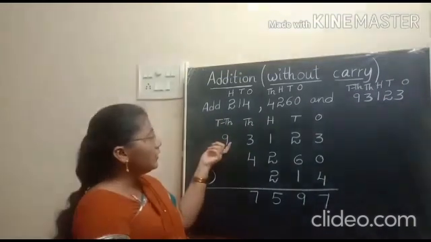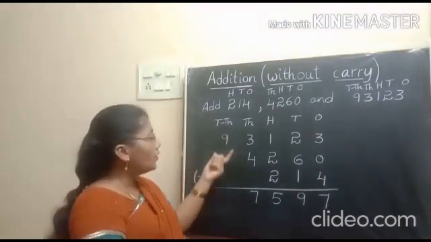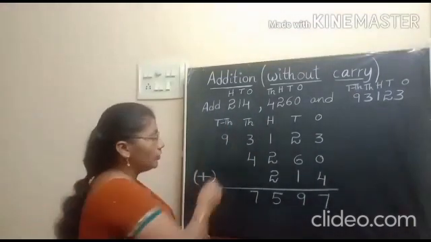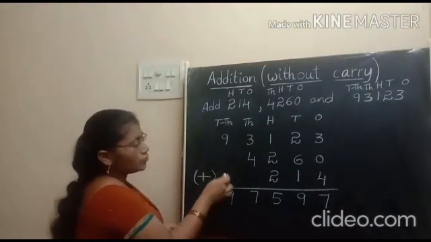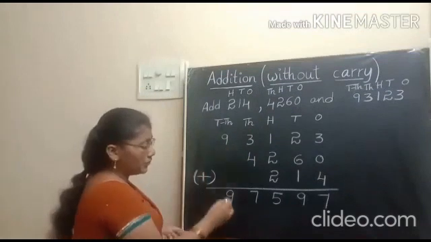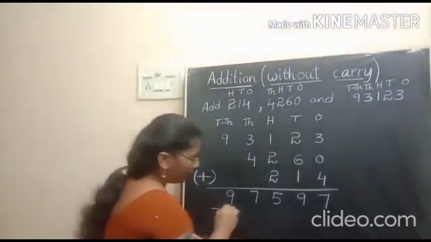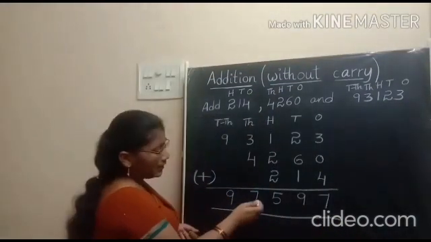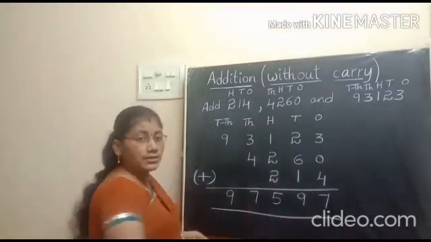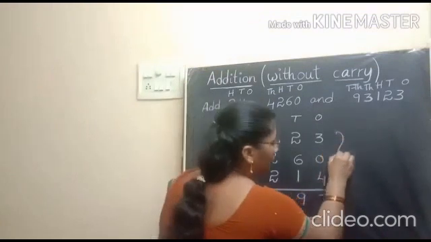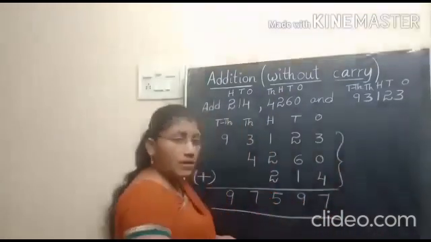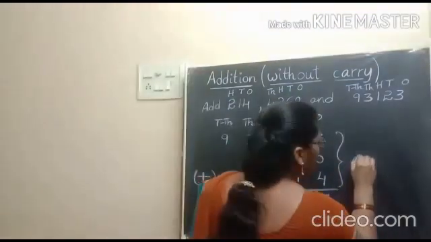And here we have only 9 in the 10,000s column. So, you should write 9 here. Nothing to add, so simply you should write 9. So, the final result is 97,597. Understood, children?